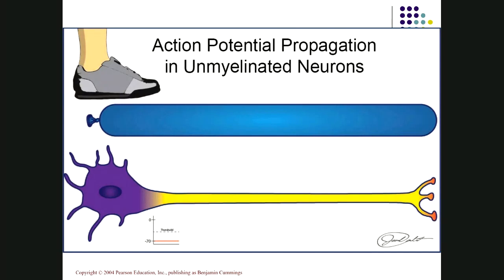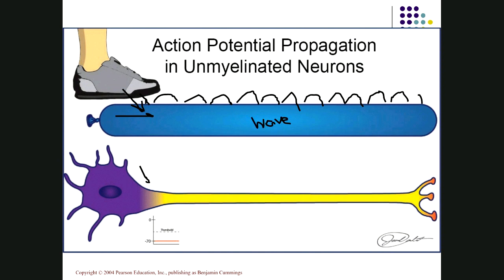I wish you could see these things, but if you do the PowerPoints, you will. But if I step on this balloon right here, what's going to happen is the air is going to go this way, and it's going to bulge. And that bulge is actually going to travel down this balloon, just like this, all the way to the end. It's going to travel like a wave. And the same thing's going to happen here.